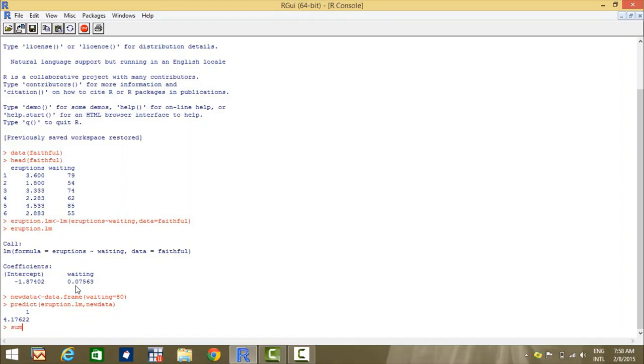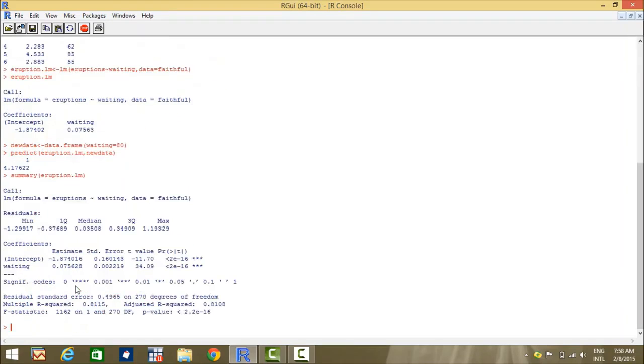So let us first have a summary. I write summary of eruption.lm, which gives me a summarized version of the results. Here I have the coefficients, the residuals and a few important metrics like the residual standard error, the multiple R-square, adjusted R-square and the F statistic along with the p-value.